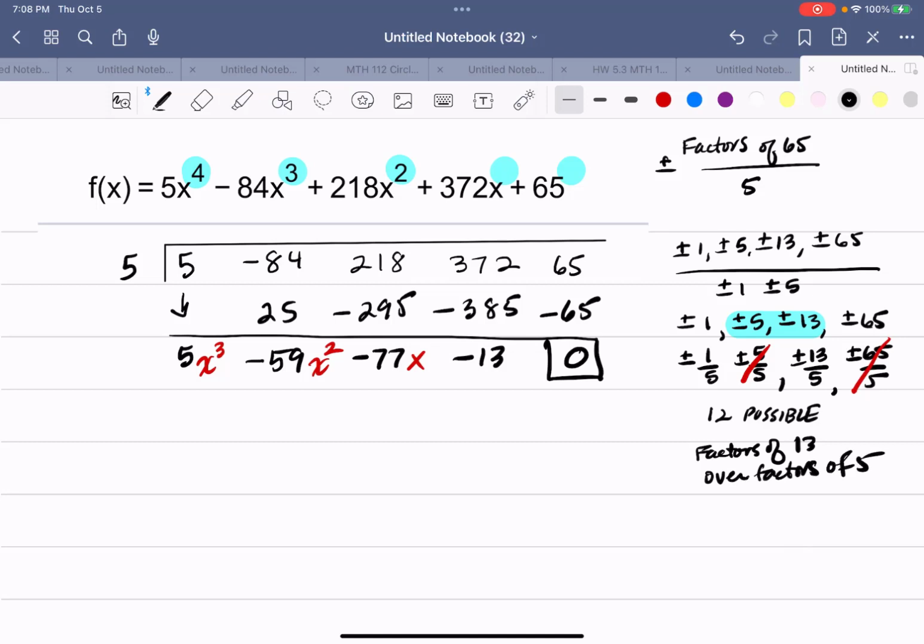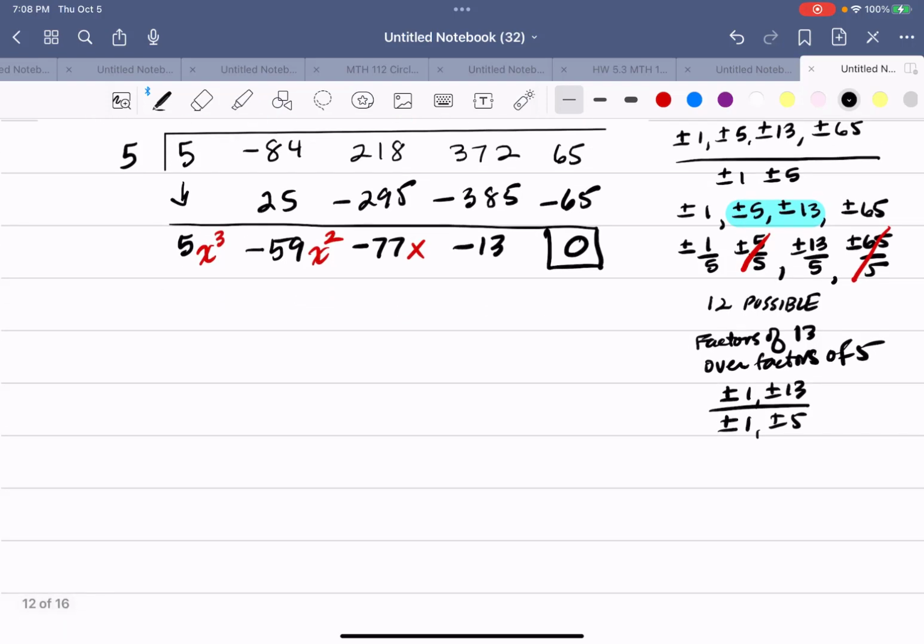So not as many. Plus or minus 1, plus or minus 13 over plus or minus 1, plus or minus 5. So over 1, it'll be plus or minus 1, plus or minus 13. And then over 5, it's going to be plus or minus 1/5 and plus or minus 13/5.